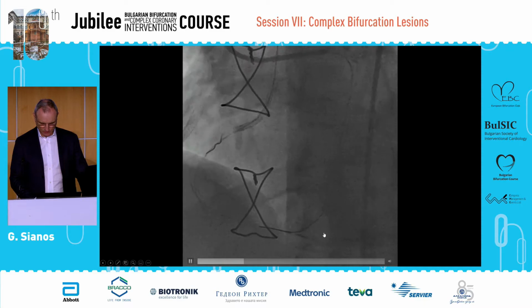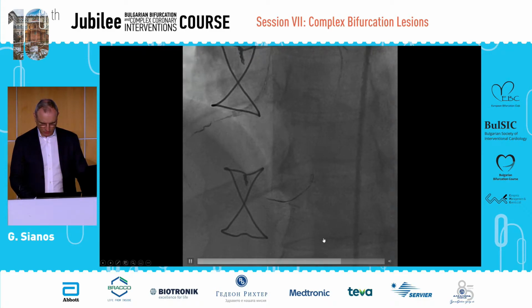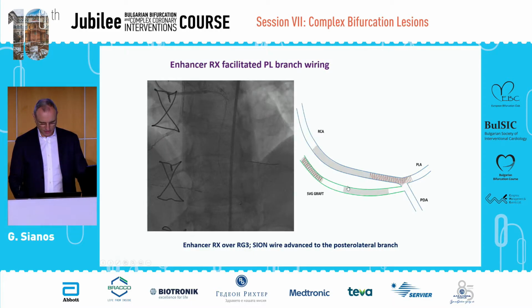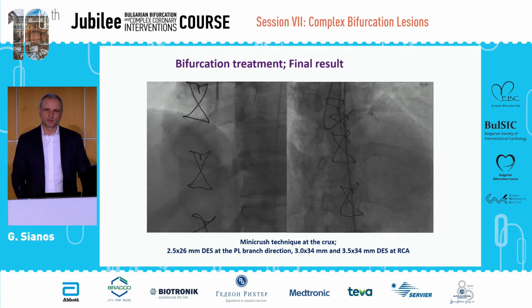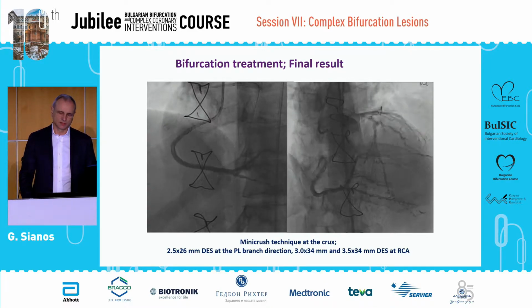You can see the front part of the dual lumen microcatheter in the direction of the PDA, and you have the second marker of the dual lumen, and the wire is going into the PLA. Access was achieved. Here you see how it happened. We had the retrograde externalized wire. Through that, we took the dual lumen, and you get access to the PLA. And then after stenting, you address both branches with standard techniques.